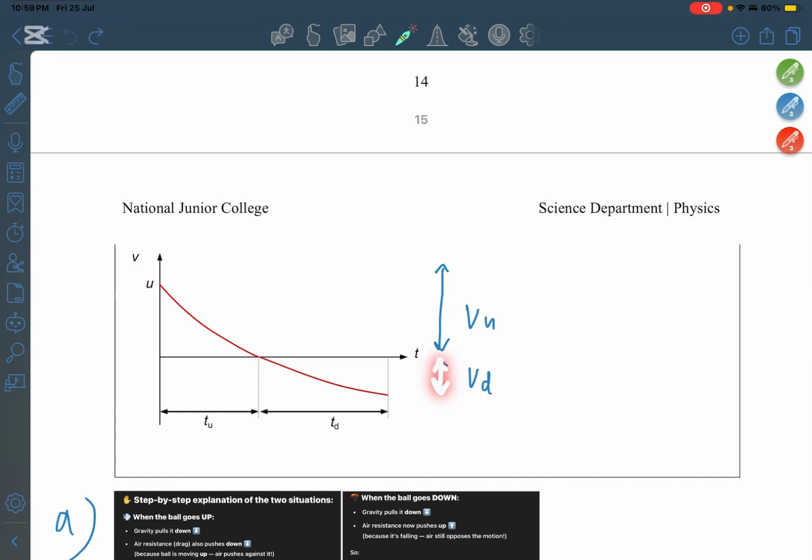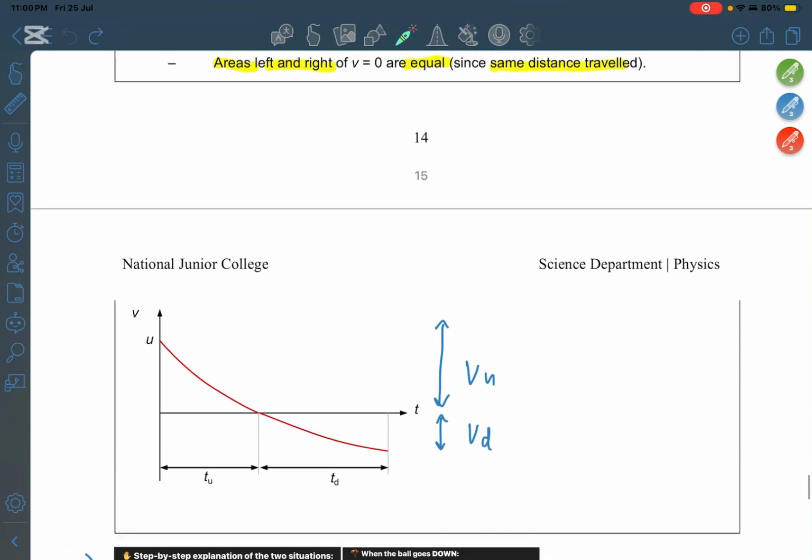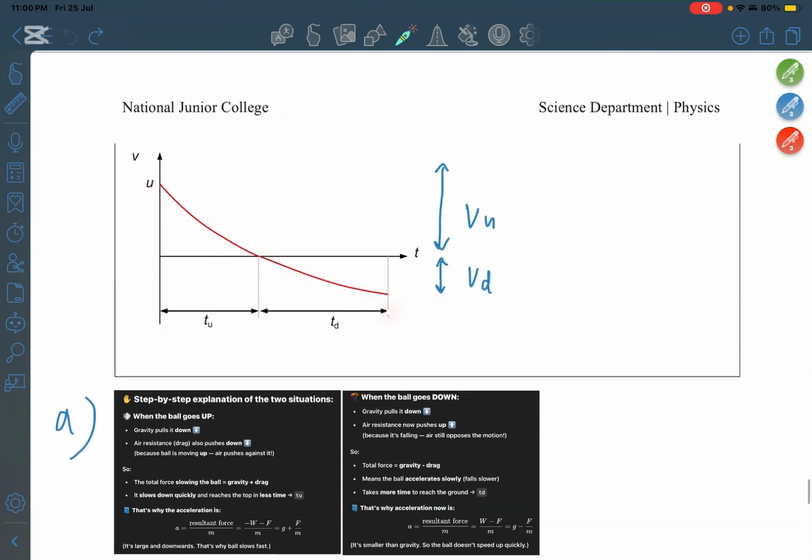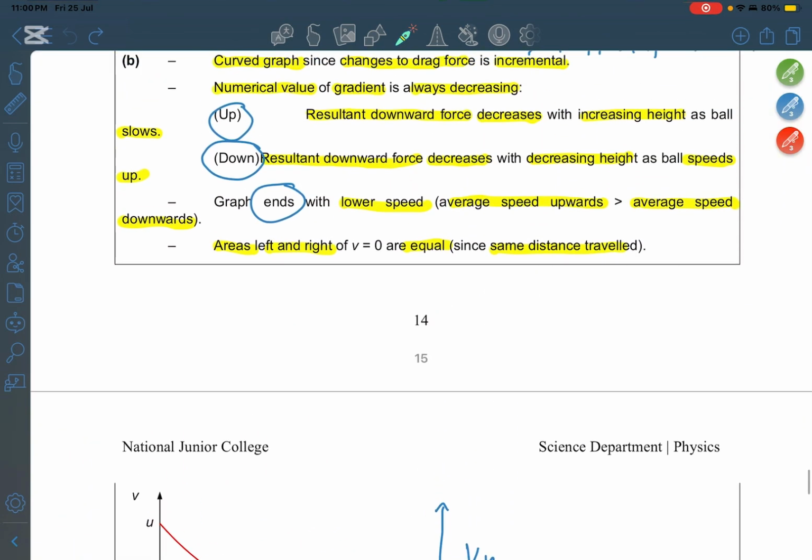That means velocity is small after it reaches the highest point, when it starts to go down. Okay, so you see that it starts to be like this, and then somehow it's going to stop here, because that's when it hits the ground.